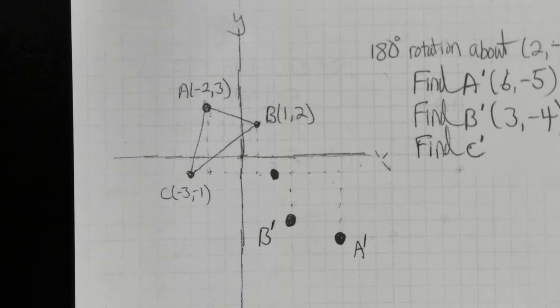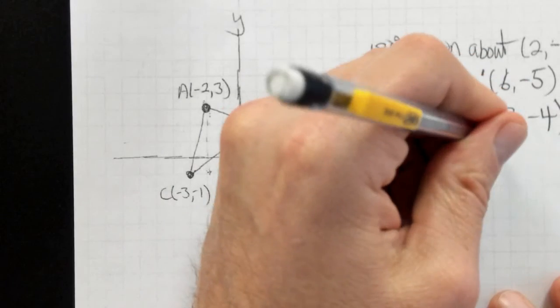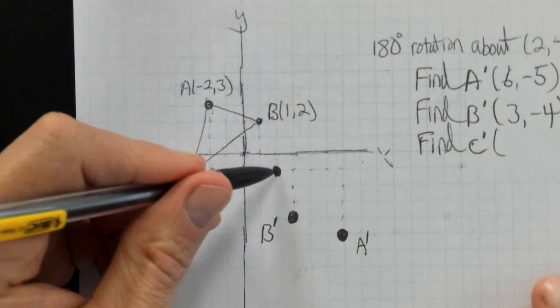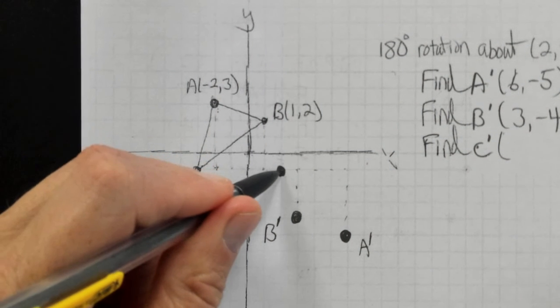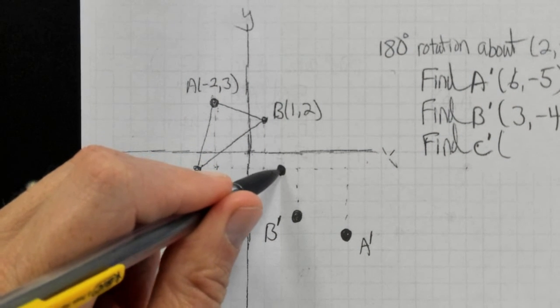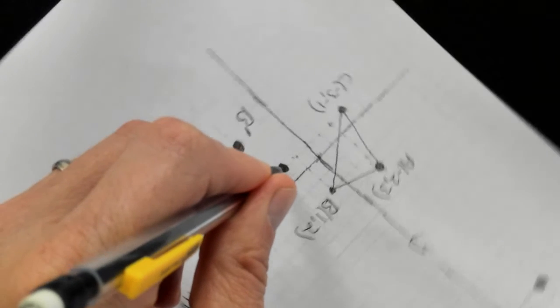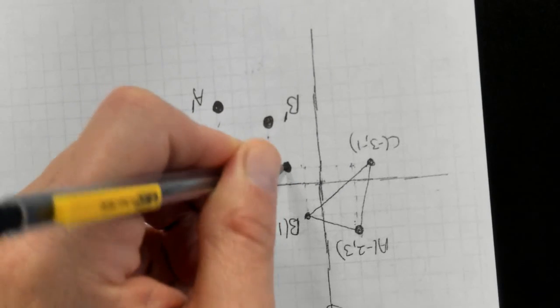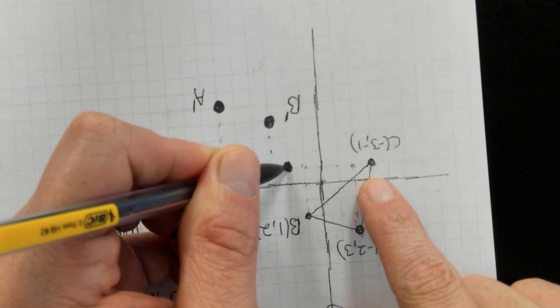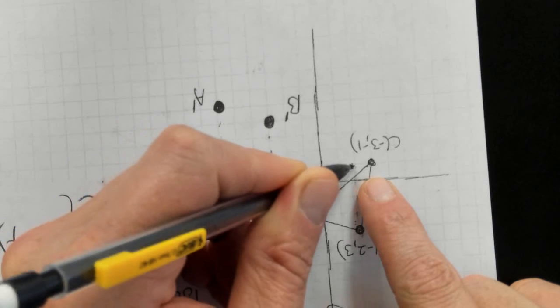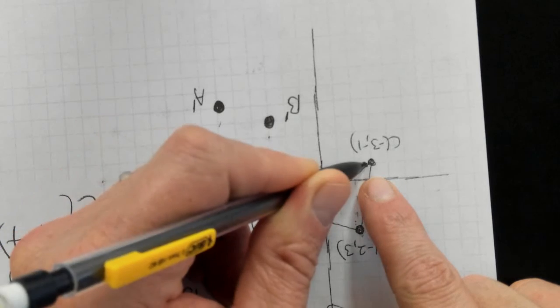And so there is one more that we need to take a look at. That's for C prime. So once again, I'm going to put my point on the center of rotation, and I'm going to turn this thing completely upside down because it's 180 degrees. And so I'm looking for C prime. Well, C is straight across 1, 2, 3, 4, 5 spaces to the right by 5.